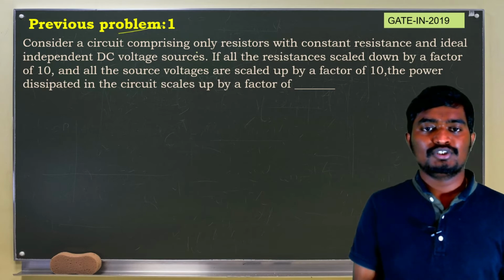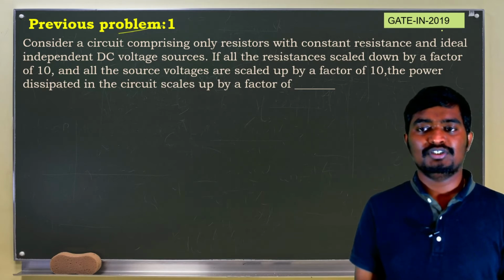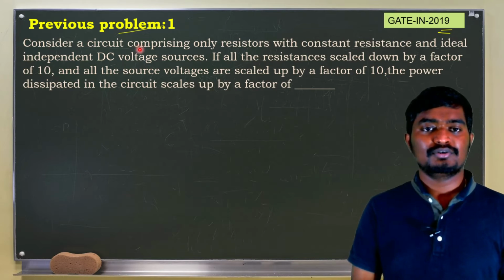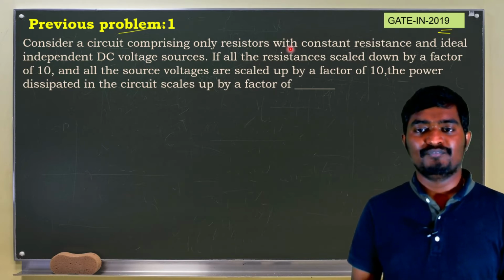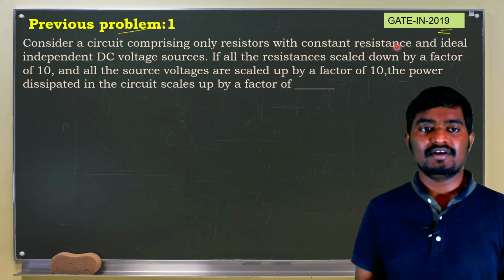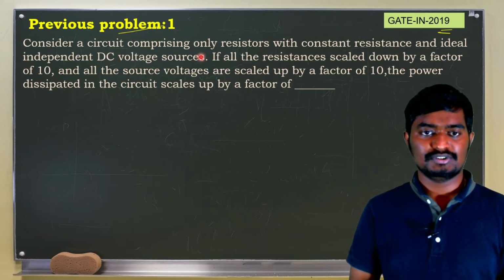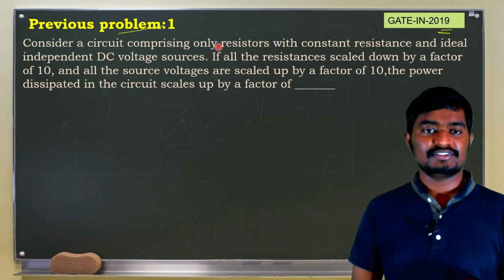Problem number 1. This question was asked in GATE in instrumentation branch in 2019. Consider a circuit comprising only resistors with constant resistance and ideal independent DC voltage sources. This circuit consists only of resistors, having constant resistances, and independent voltage sources.